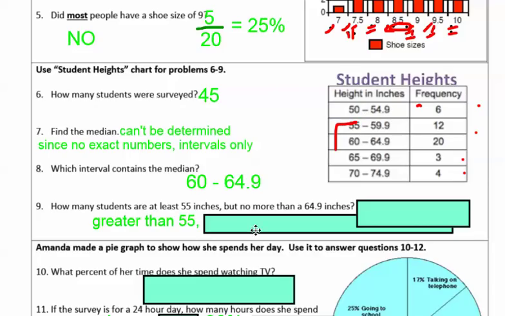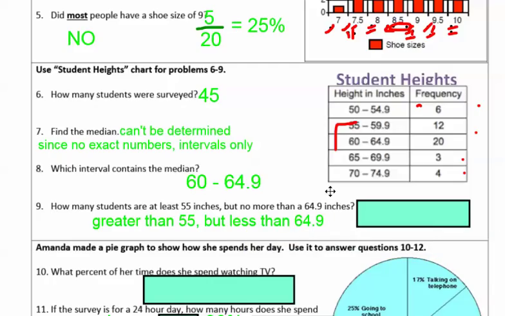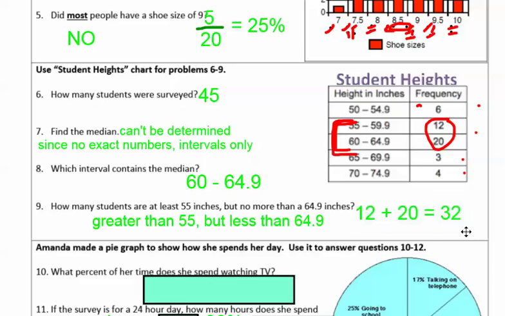But we cannot be more than 64.9. We can be 64.9, but we can't be bigger than that. So we're only looking at these two. We add up the 12 and the 20, which gives us 32. So that would be 32 students.